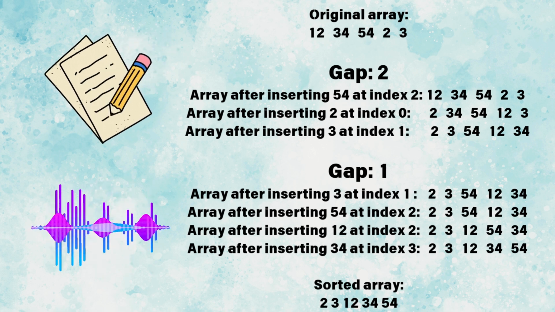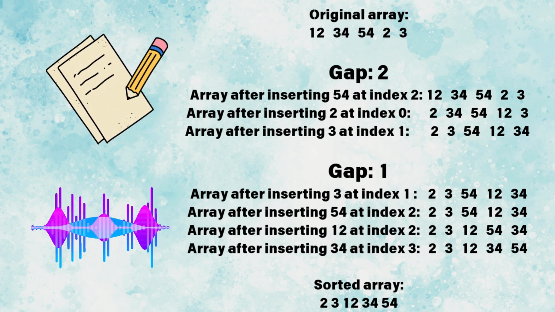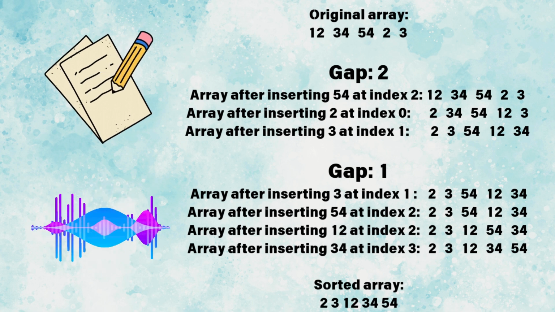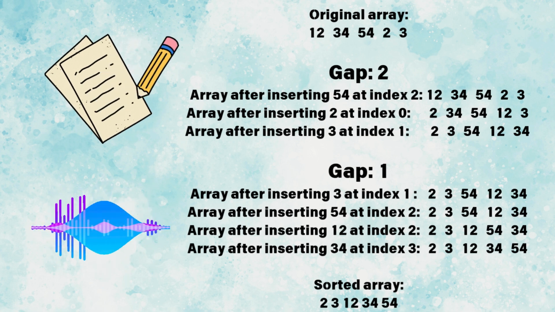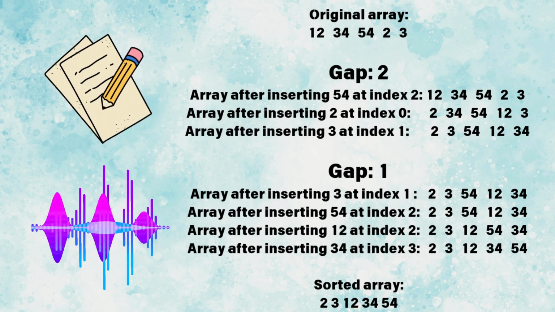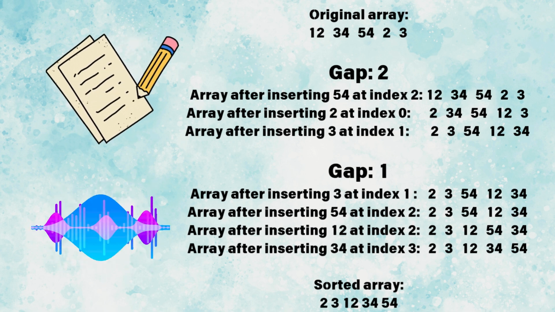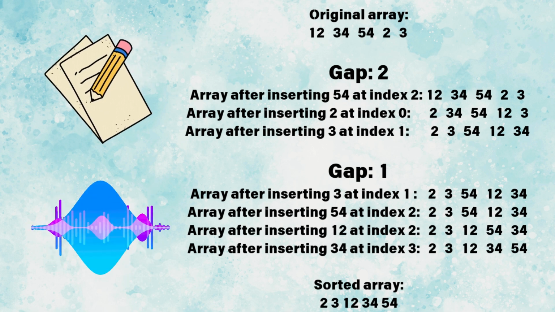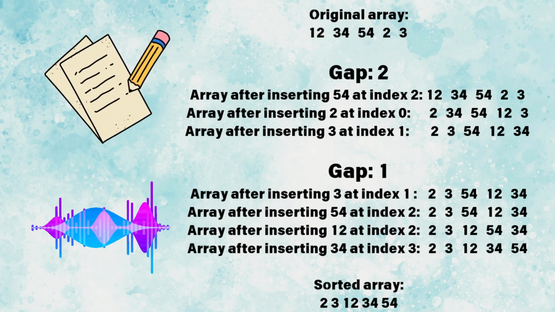Array after inserting 54 at index 2: 2 3 54 12 34. Array after inserting 12 at index 2: 2 3 12 54 34. Array after inserting 34 at index 3: 2 3 12 34 54. Sorted array: 2 3 12 34 54.